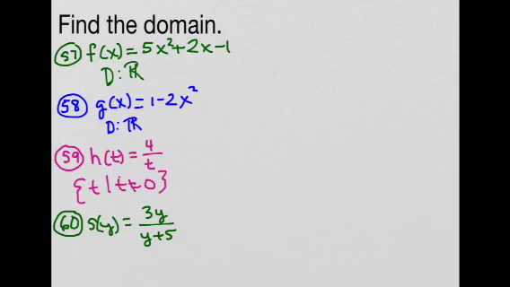Okay, 60 is a rational function. So we look at the denominator, and we have to make sure that the denominator does not equal 0. So the only number that makes the denominator 0 is negative 5. So for domain, it's all y such that y cannot equal negative 5. Again, because if y were equal to negative 5, then we would have an undefined function.